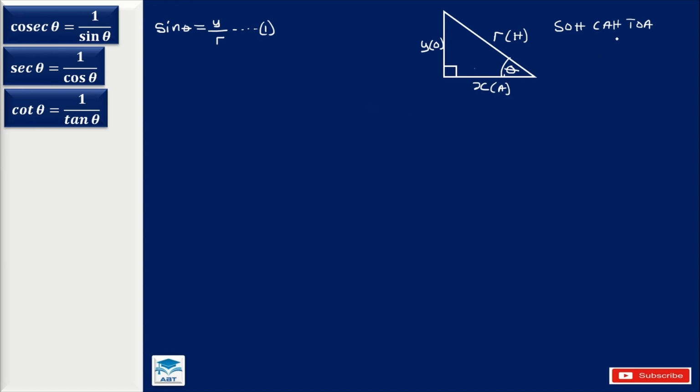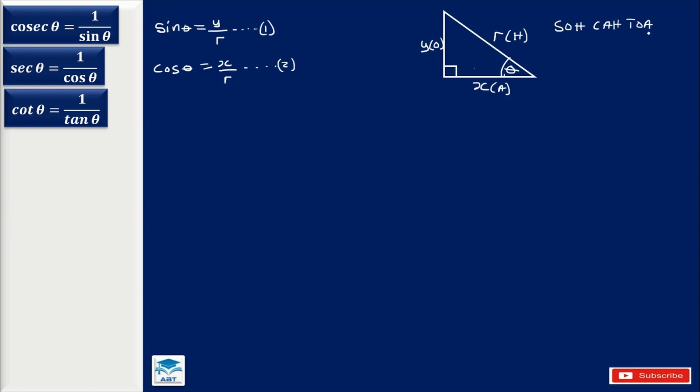And from CAH, it means cos theta is equal to adjacent divided by the hypotenuse. So we have cos theta is equal to the adjacent, which is x, divided by the hypotenuse, which is r. This is equation number 2.